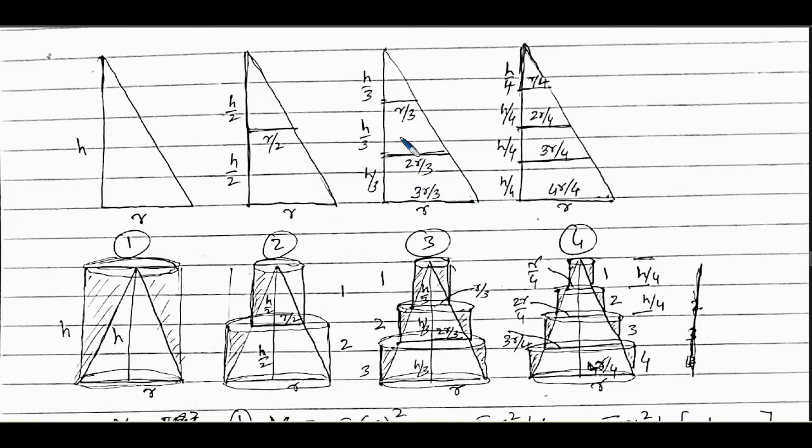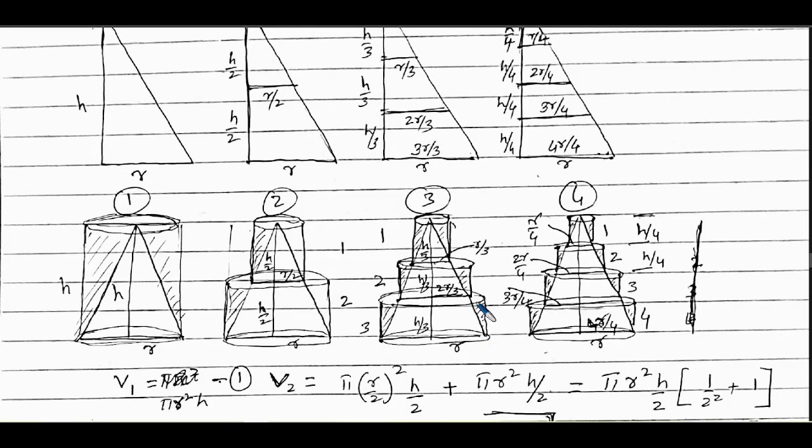This will be r by 3, this will be 2r by 3, this will be 3r by 3, that is r. Similarly, if I break into 4 pieces, the smallest one will be r by 4, then 2r by 4, then 3r by 4, and 4r by 4, which is r. Similarly, I have put here these cylinders with h by 2 and r by 2.